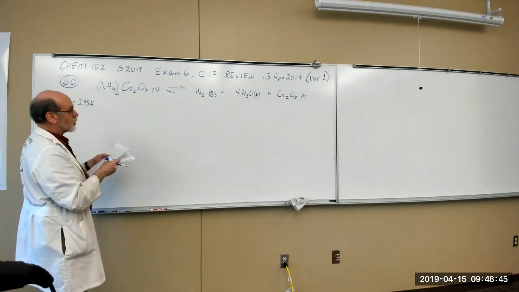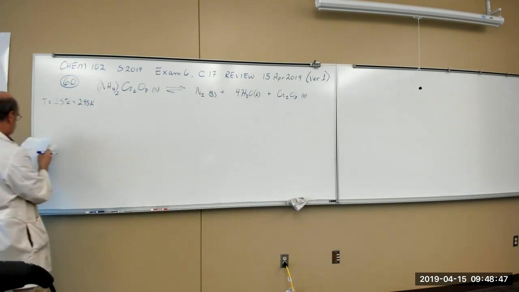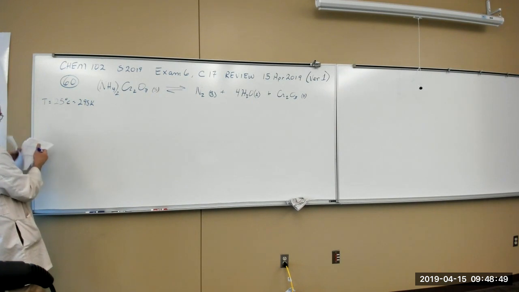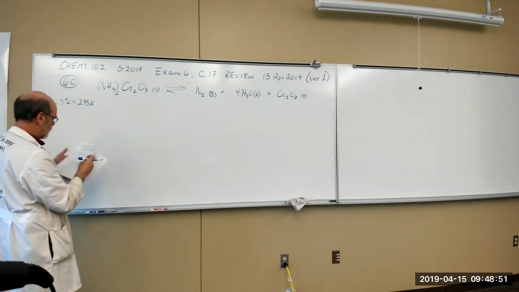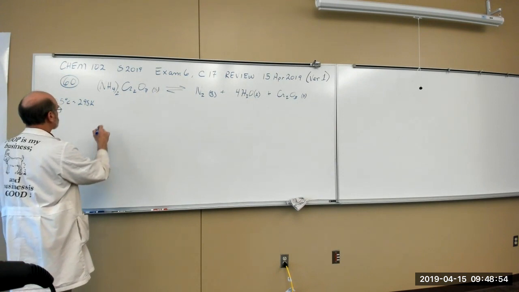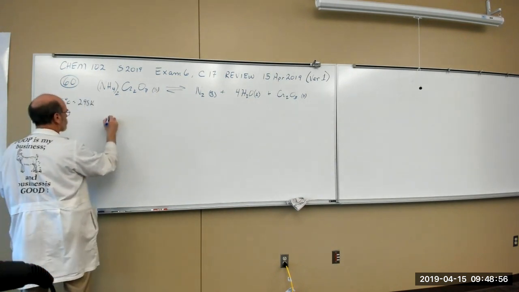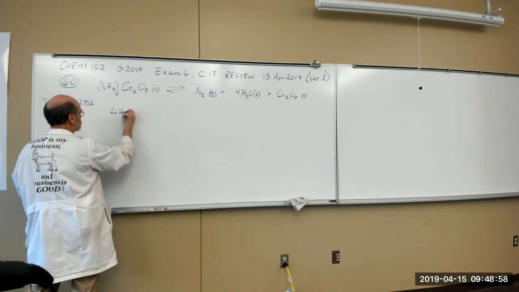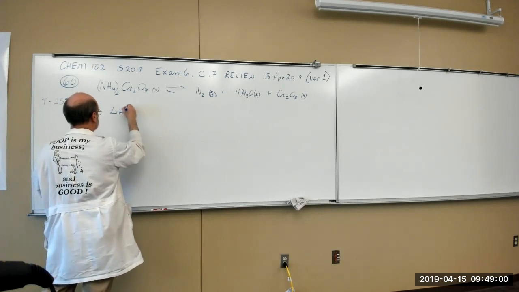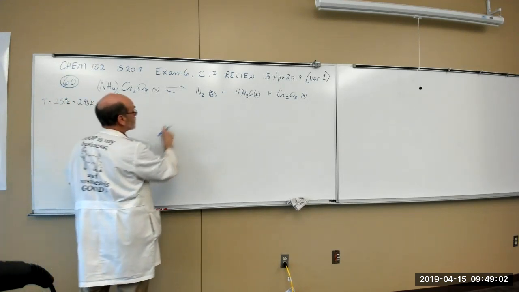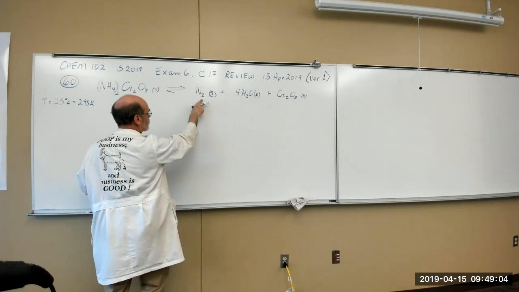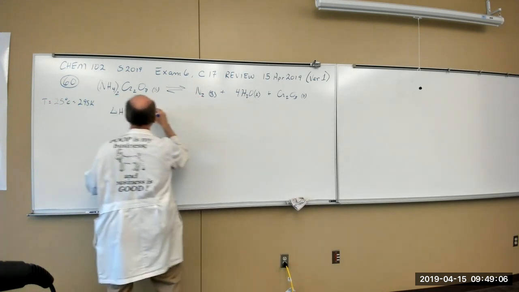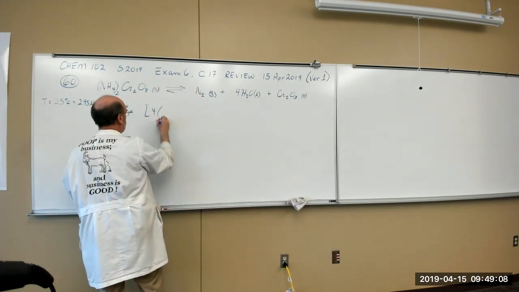All right. So we're given the enthalpies of formation. So the delta H for the reaction is going to be 0 for that one. So this one's going to be 4 times water.